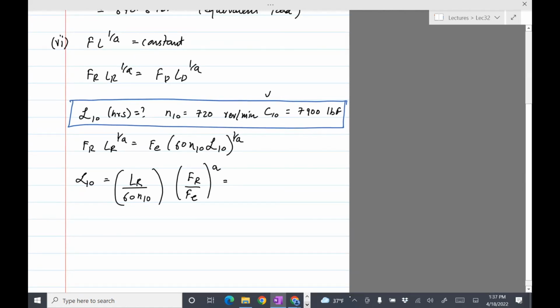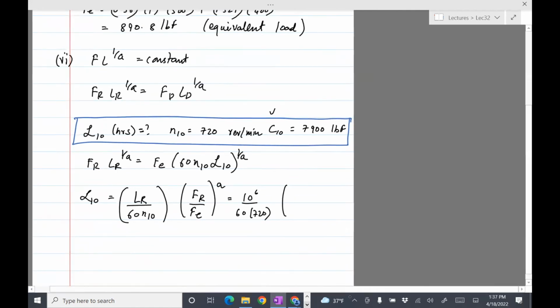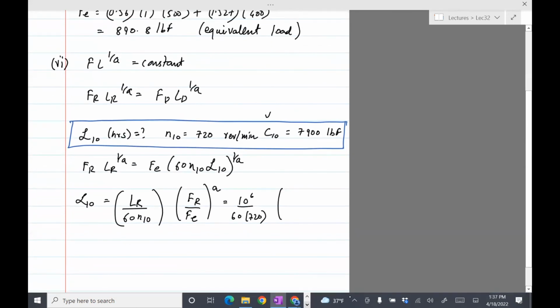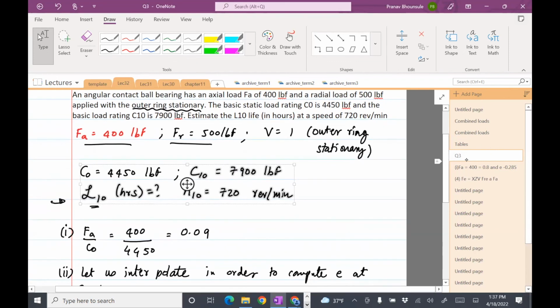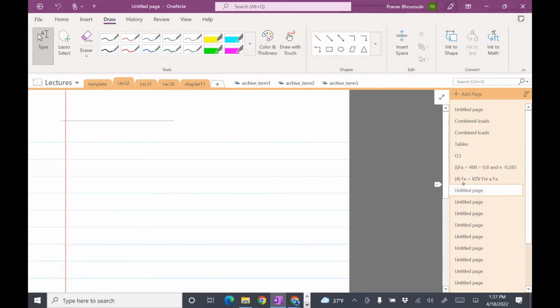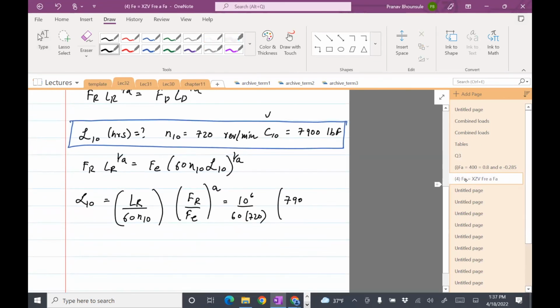Okay, so let's substitute. So LR is the rated life. Now we know that the rated life for roller bearing, and this is in revolutions, is 10 raised to 6. Okay, that's the standard definition. 60 and 10, that's 720. FR is given somewhere. It's a C10 rating, so 7,900.